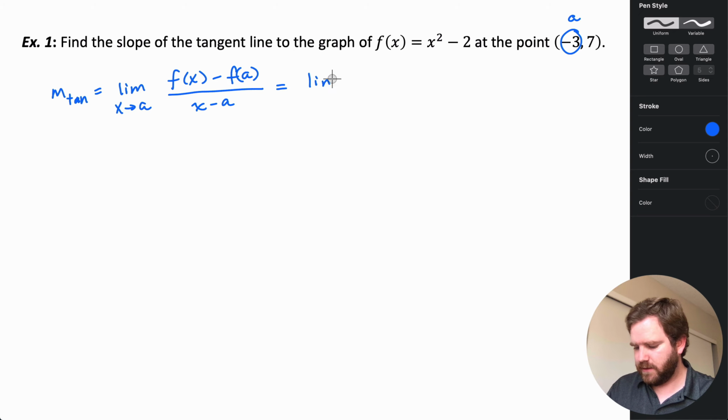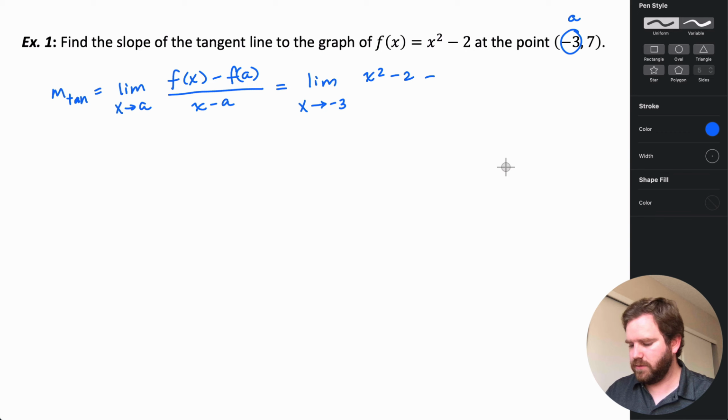So it's the limit as x approaches a, which we said is negative 3, of f of x, which is x squared minus 2, minus f of a. If I plug negative 3 in, negative 3 squared is 9. 9 minus 2 is 7, so it's minus 7, all divided by x minus a, negative a, so that's going to be plus 3.